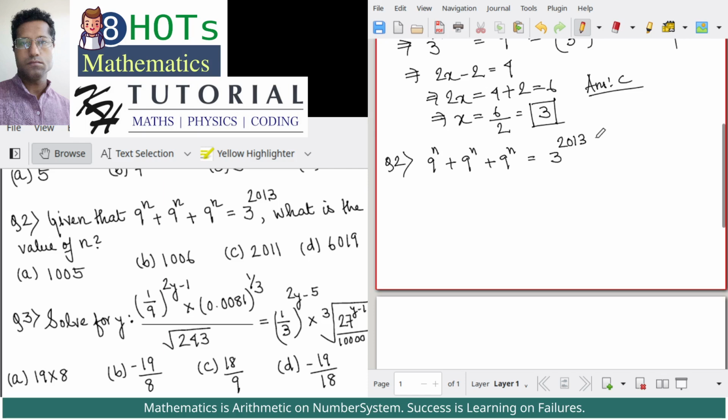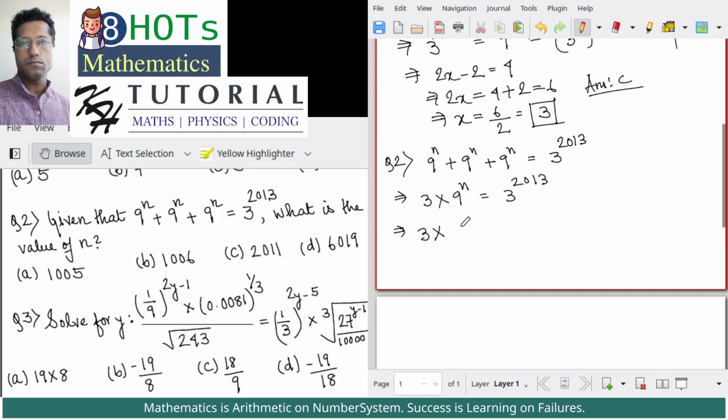Now it is quite obvious that to solve for n, we have to somehow convert the left hand side into exponential form where the base will be 3, because on the right hand side we have 3 raised to the power 2013. Now the left hand side is 9 to the power n added 3 times. So the LHS will be 3 times 9 to the power n is equal to 3 raised to the power 2013. This implies 3 multiplied by 9 to the power n.